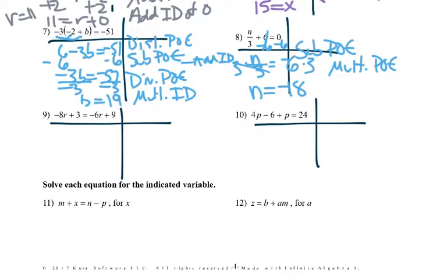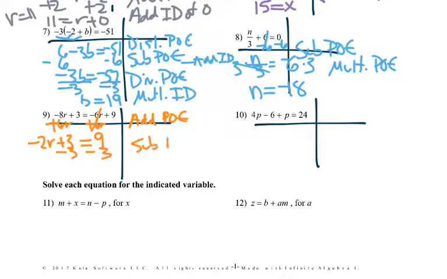Okay. Number 9, to get the variables, I can add a 6r to both sides using the addition property of equality. That gives me just 0, which the additive identity gets rid of. So just 9. -8 plus 6 is -2r. Subtract 3.